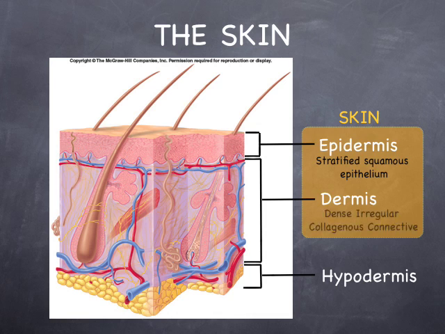This is dense, irregular, collagenous connective tissue. Dense, right? Densely woven fibers. What does irregular mean? Do you remember? It means all the fibers don't go the same direction, like in a cord. They're woven into a sheet, and your skin is like a sheet, right? So the fibers run many different directions, and they are the tough, strong collagen fibers. And again, you'll see an example of that in the cat.